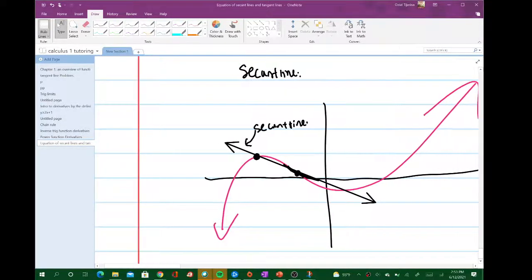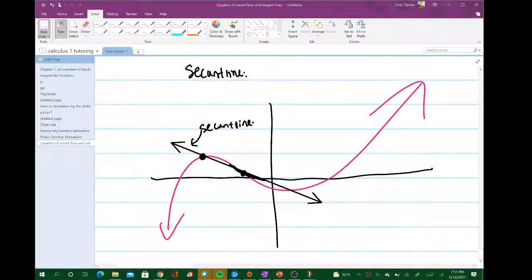Okay, so this is a secant line, right? Let me just explain this. This is what we call x1 here. Here is y1, and then this is x2.